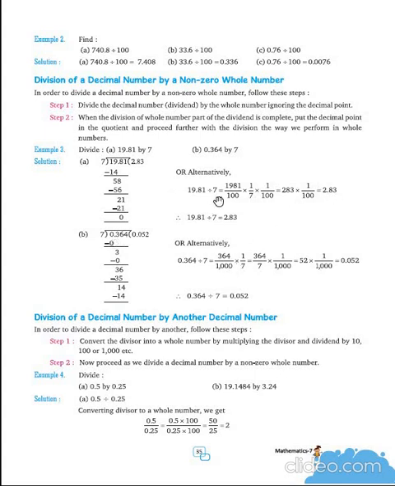So you can choose any of these two methods. Now let's see the division of a decimal number by another decimal number. First we have to convert the divisor into a whole number by multiplying the divisor and dividend by 10, 100 or 1000. Now we can proceed as we divide a decimal number by a non-zero whole number.